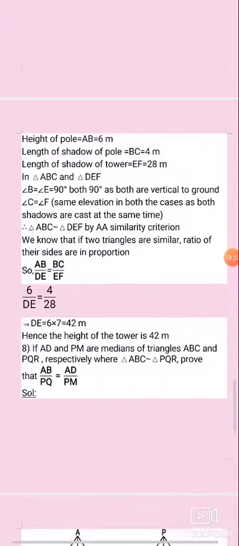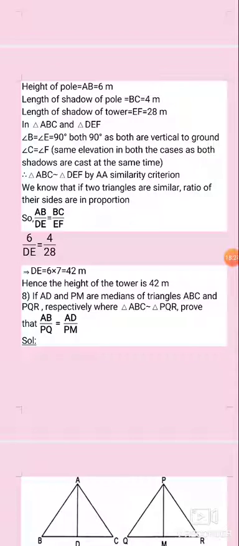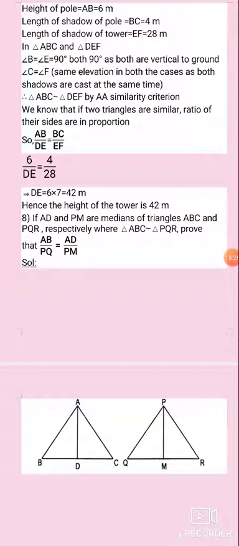Now the last question. If AD and PM are medians of the triangles ABC and PQR respectively, where triangle ABC is similar to triangle PQR, prove that AB by PQ is equal to AD by PM.